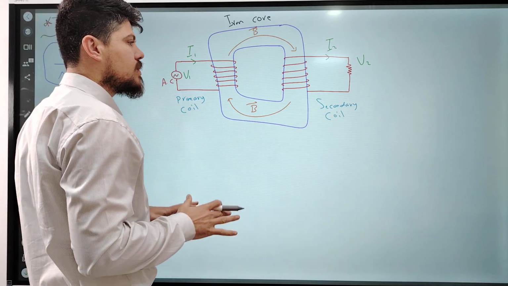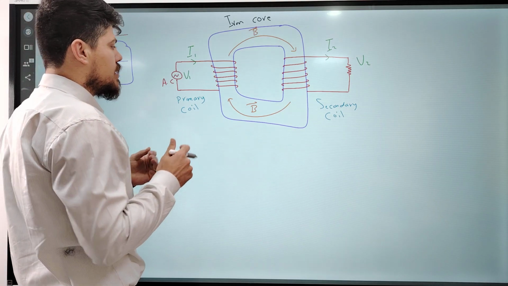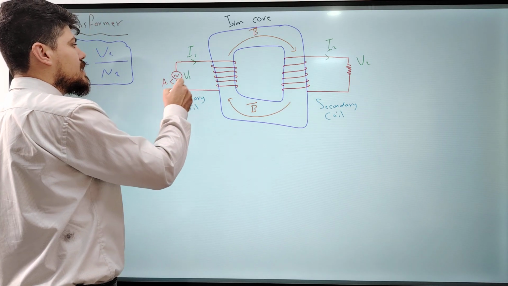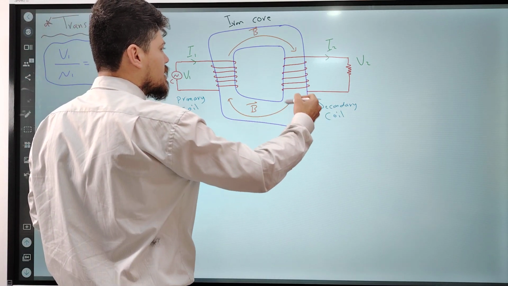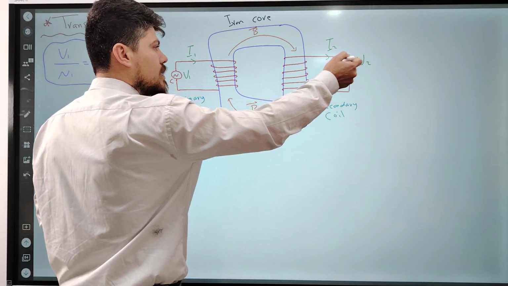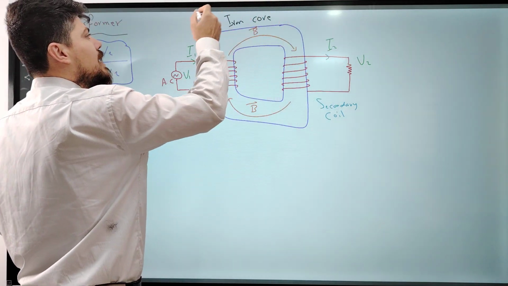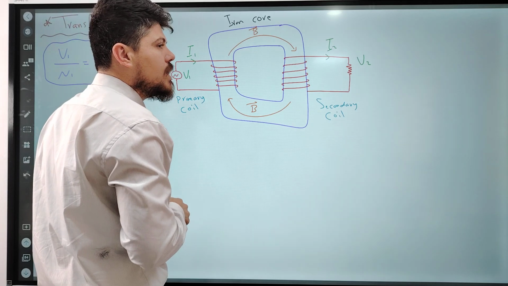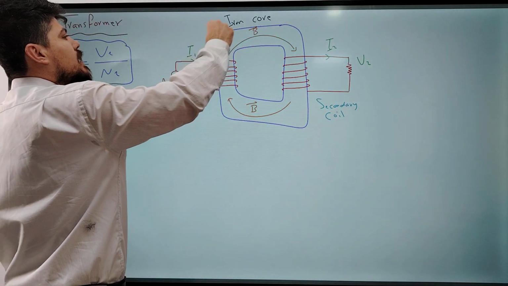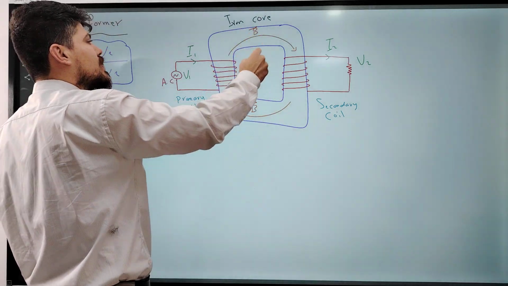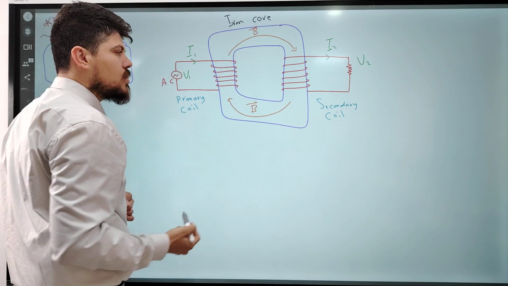The simplest transformer consists of 3 components: a primary coil that is connected with the input AC source, a secondary coil that can be connected with the resistors or device, and the magnetic core, the iron core. This iron core guides or traps the magnetic field, guiding the magnetic field from the primary coil to the secondary coil.